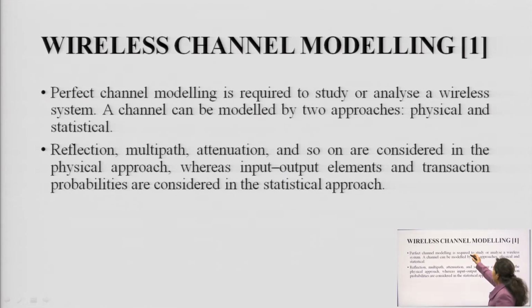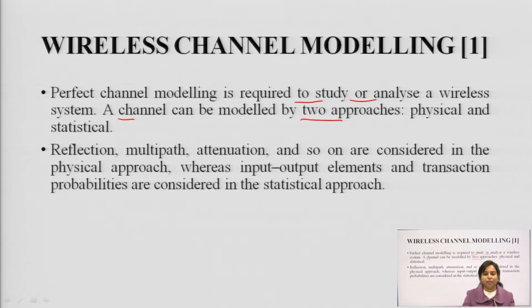Perfect channel modeling is required to study or analyze a wireless system. A channel can be modeled by two approaches, physical and statistical. In the case of physical, we have to see multiple hops, as I have been talking about over the last 2-3 lectures.